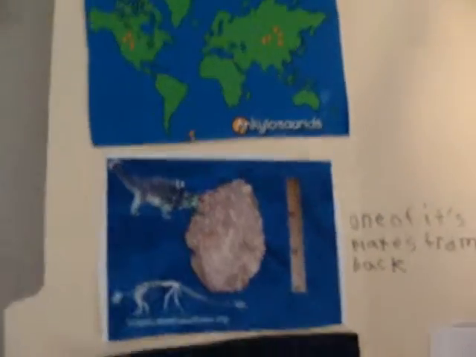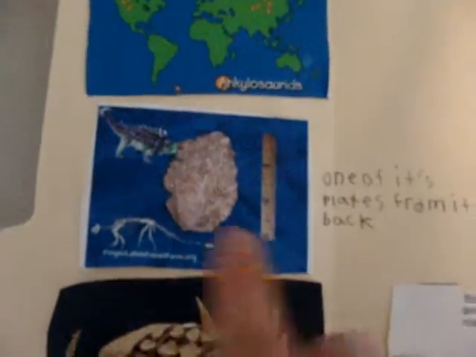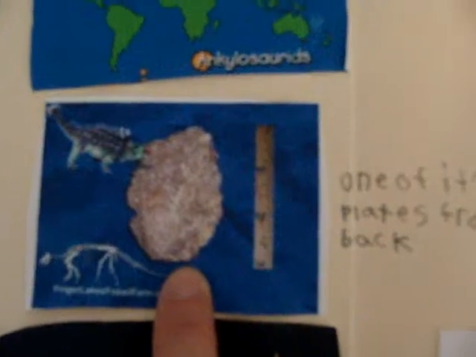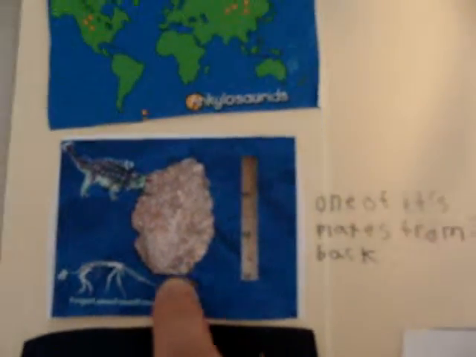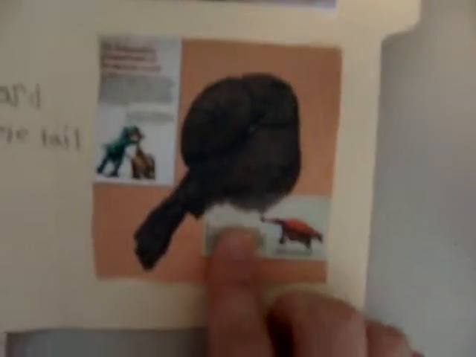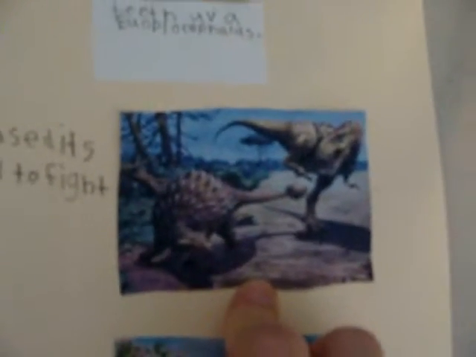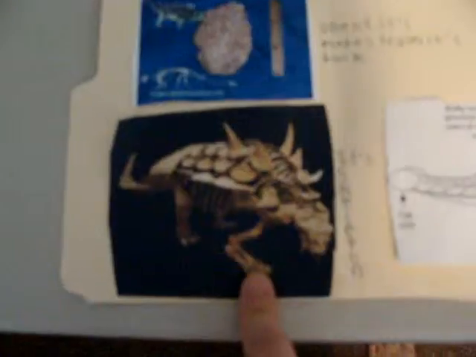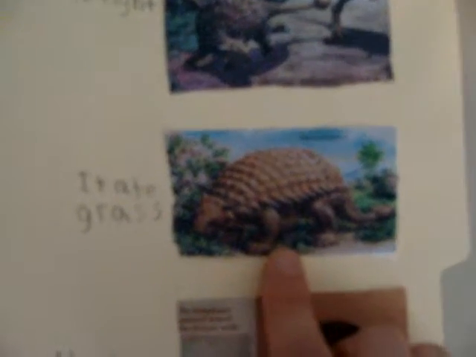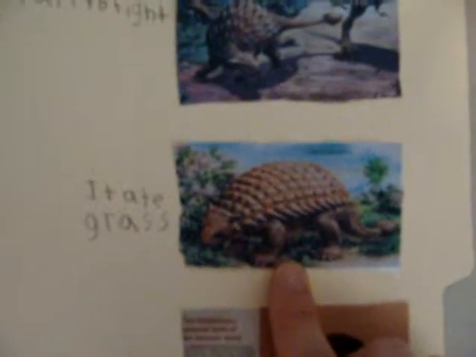I wanted natural ways of self-protection, which he had a picture of the plates that are on the back and the tail, and then a picture of the Ankylosaurus fighting. I also wanted a skeleton, their teeth, and what they ate, which this is a picture of it eating grass.